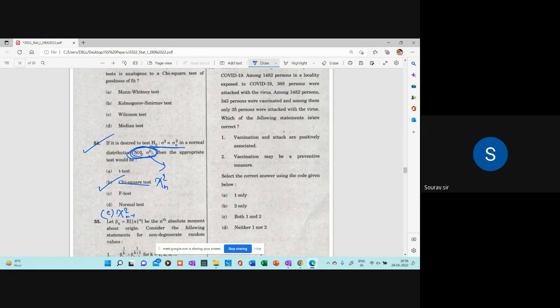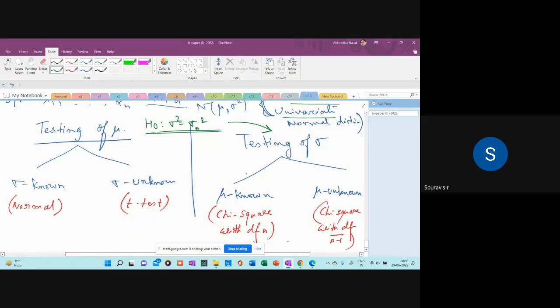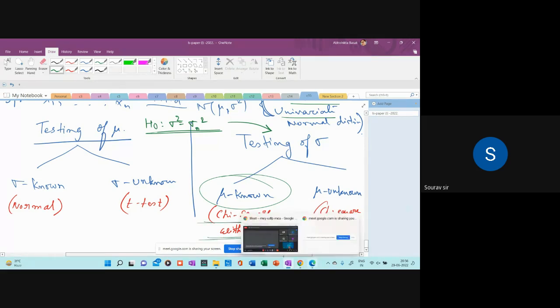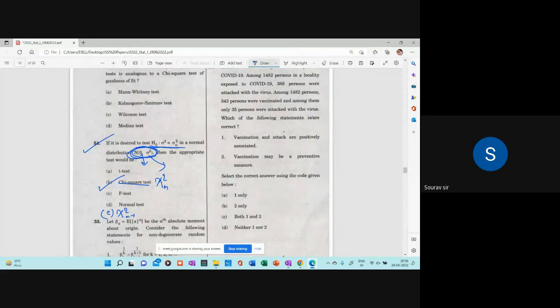Not only that, the mean is fixed at 0. That means the mean is known, so this mu is known. We are concentrating on this part, and this is giving me a chi-square distribution with degrees of freedom n. So without any hesitation, we can tick this chi-square test. No F test, no normal test, no T test will be applicable here. Is it clear? Yes, ma'am.